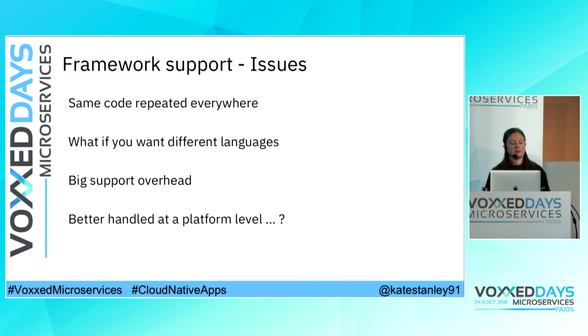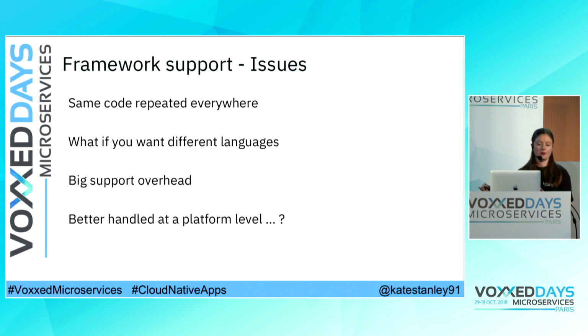But the framework support provides a few issues. So the first one being, you have the same code repeated everywhere. If I have 50 different applications running, and they're slightly different applications, but they're all running on top of Spring or on top of MicroProfile, I have to then re-implement my circuit breaking, fallbacks, etc. And what if you want different languages?